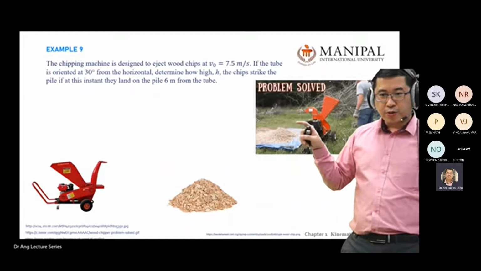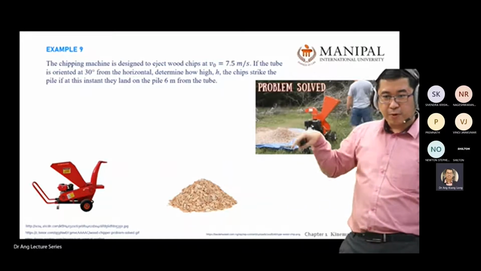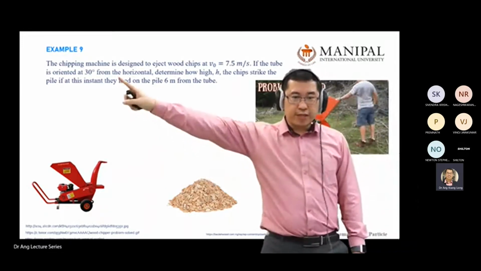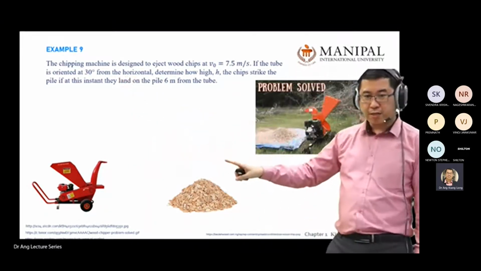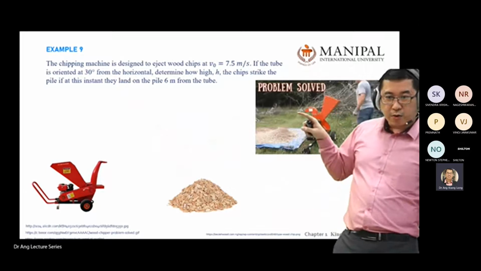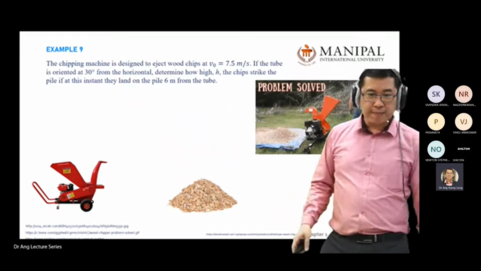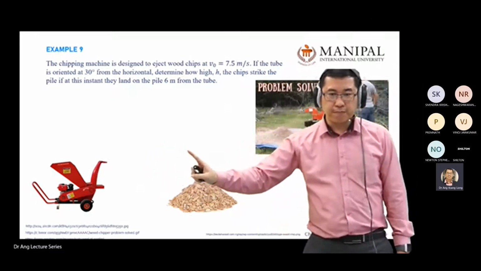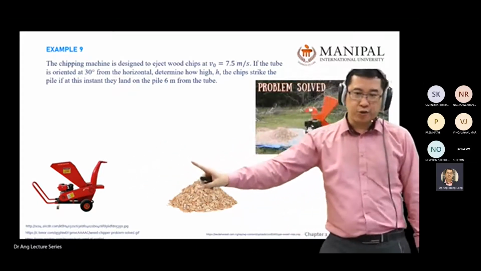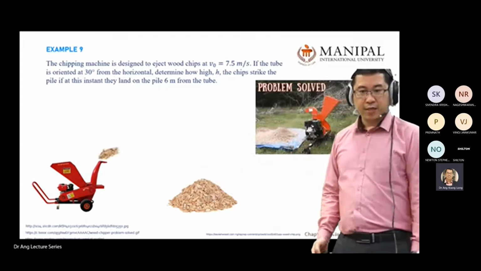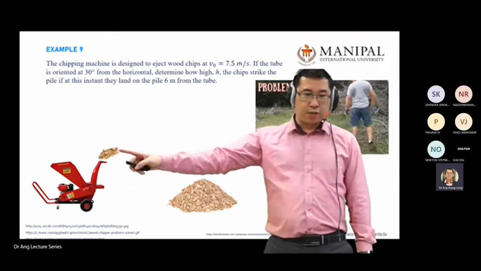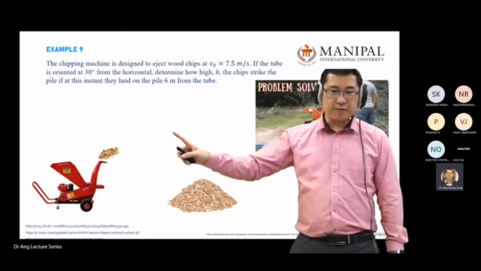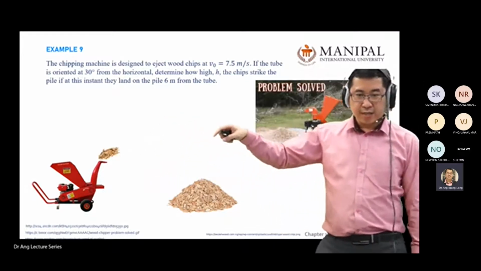This one is pointing down, but in this tutorial question, it was oriented 30 degree from the horizontal, meaning this one was 30 degree going up, so there will be a projectile free motion of the chip flying over the air and dropping over here. It will go 30 degree in the air, and because of gravity pointing down, it will land over here.